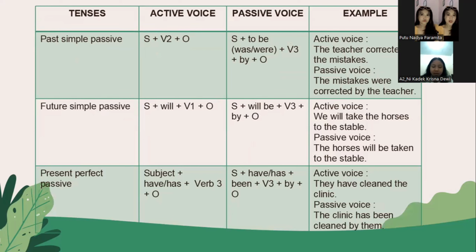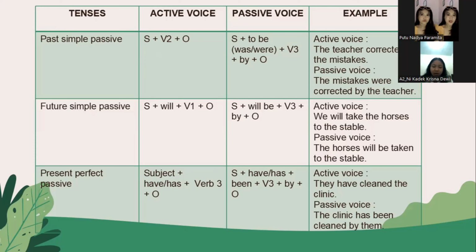Number 3 is past simple passive. Past simple passive is normally used to talk about some completed action in the past. In the passive voice, emphasis is put on the effect of an action rather than on the doer. The pattern for active voice is subject plus verb 2 plus object.